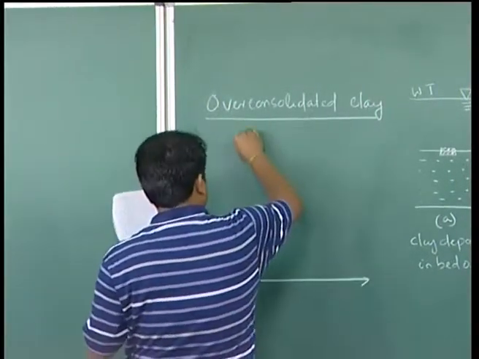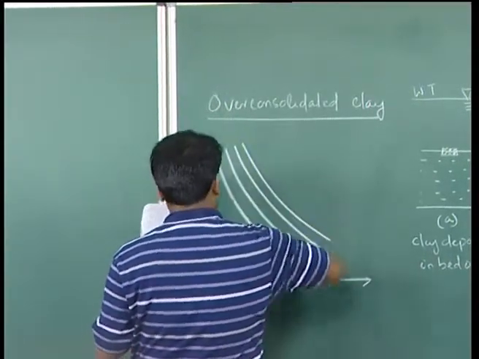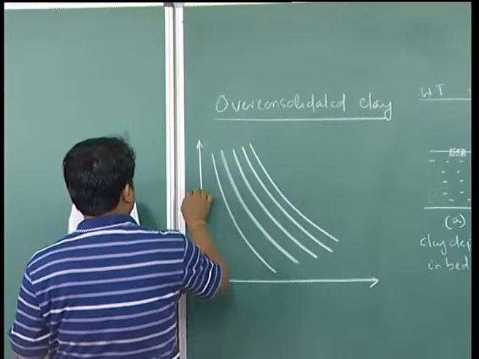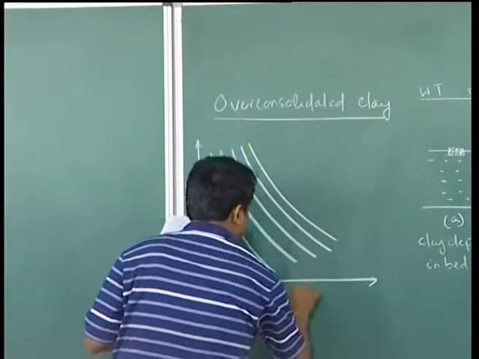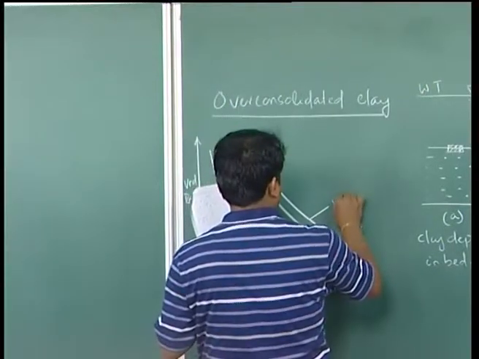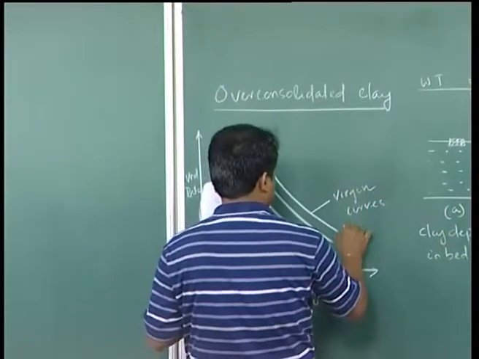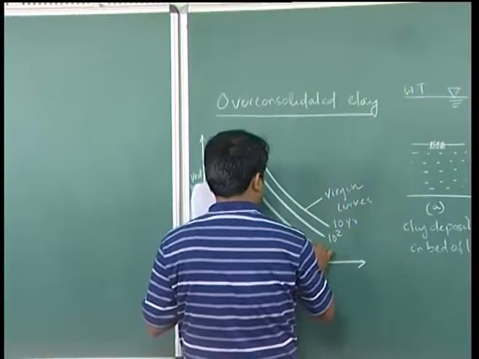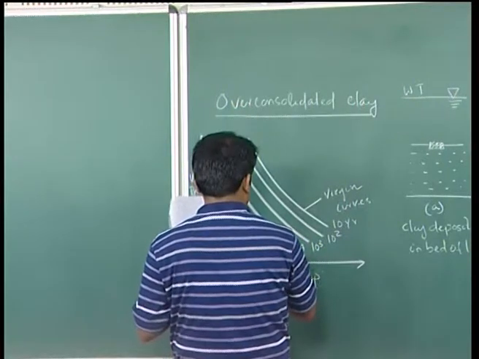Now, let us say these are the consolidation or virgin curves, void ratio versus log P. Suppose say 10 years, then it is 10 to the power 2, 10 to the power 3, 10 to the power 4, 10 to the power 5.